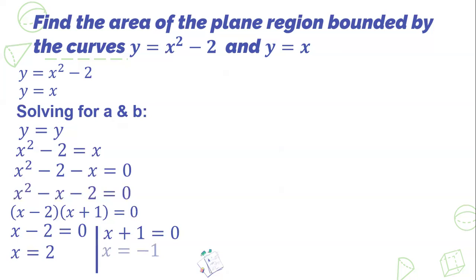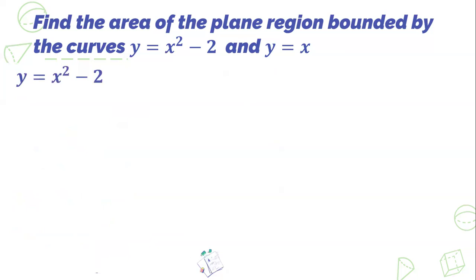We get x equals 2 and x equals -1, which are the roots. These roots will also be your limits. So -1 is your lower limit, and x equals 2 is your upper limit, which is b. Later, when we integrate, we will use -1 to 2 as our boundaries.